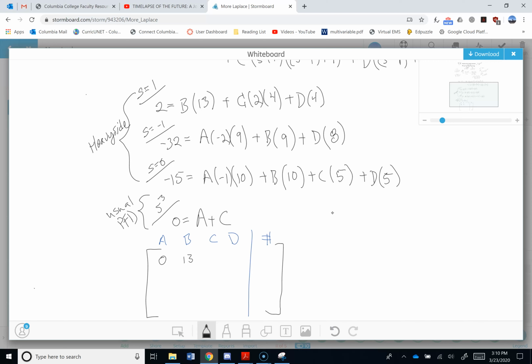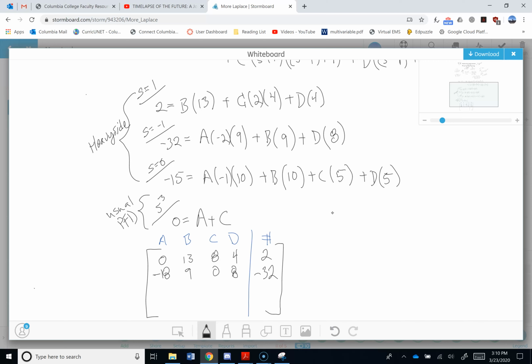Everybody with that? Okay, hearing none. In the second equation, I have minus 18 as the coefficient on A, 9 as the coefficient on B, there aren't any C's, and the D coefficient is 8. The number on the other side is minus 32.